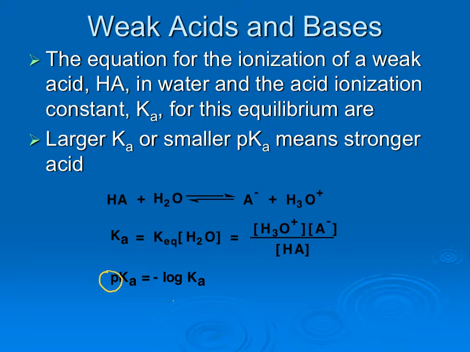Negative log base 10. It's a function, just like addition and subtraction and all that kind of stuff. It literally means negative log base 10. That's why pH is literally negative log of the concentration of H plus.